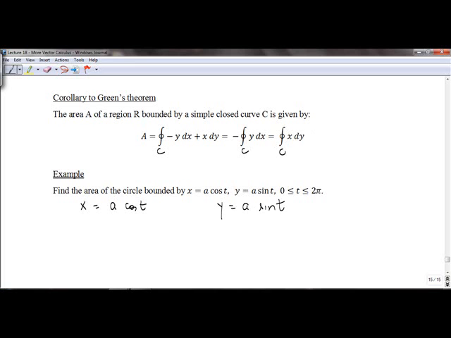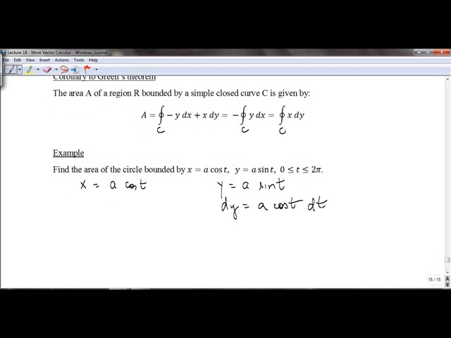What is going to happen is that everything is going to be in terms of t. So find dy from y equals a sine t. So just differentiate. This is just single variable calculus now. Okay? So dy equals a cosine t dt. Okay, so now let's plug it in.